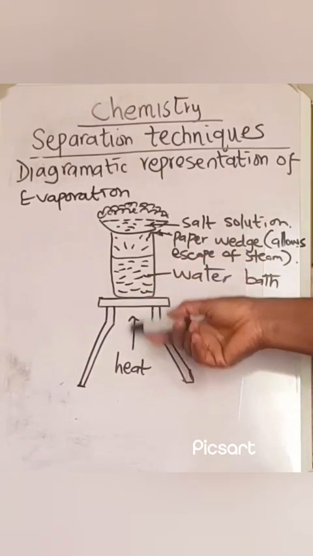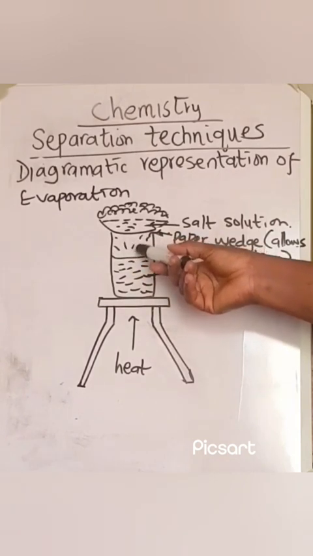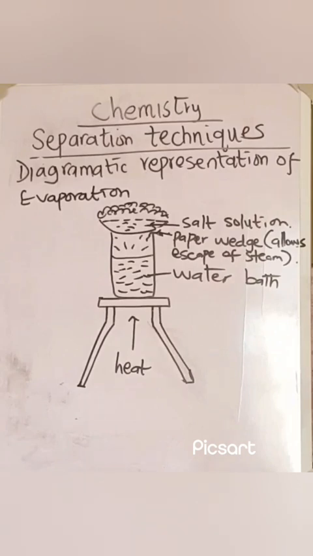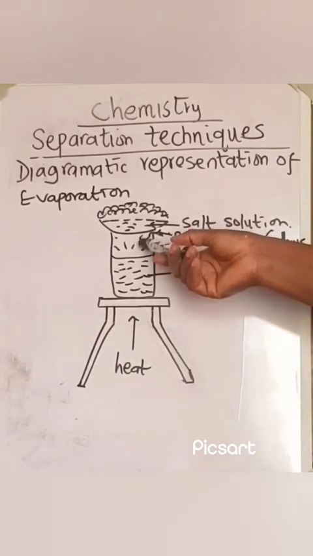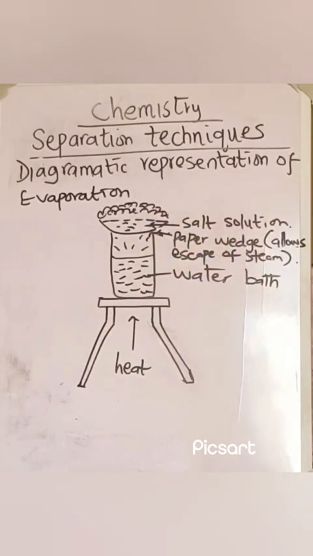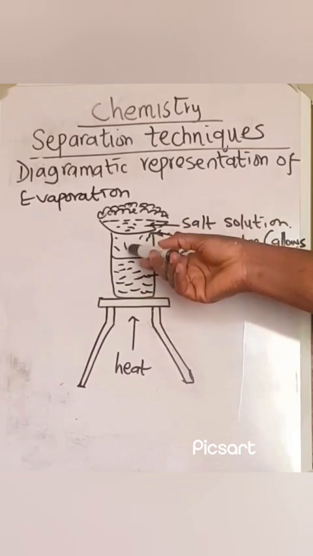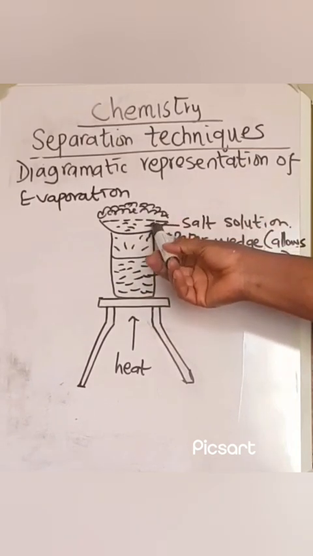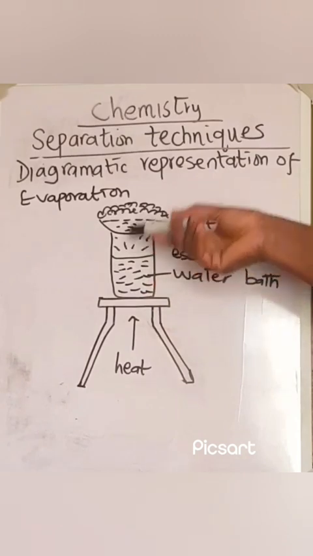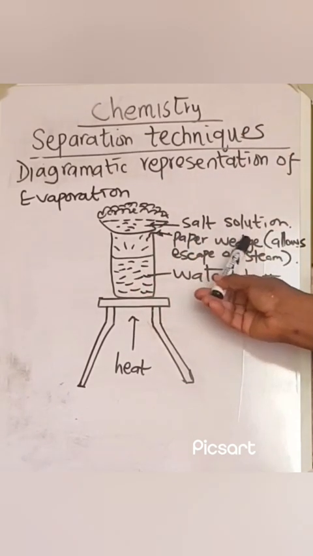When this water bath is heated, this is the steam escaping. This is the steam which hits this salt solution. There's a paper wedge here, so that steam can escape. If not, this can cause an explosion.